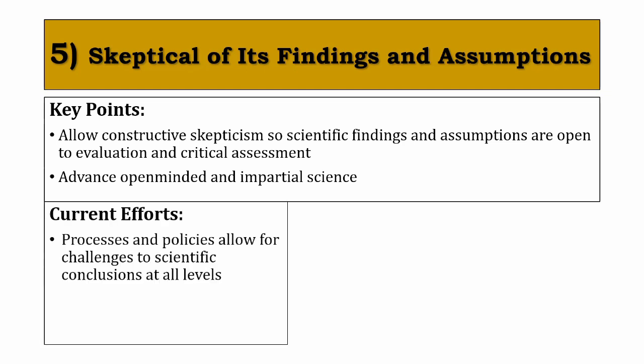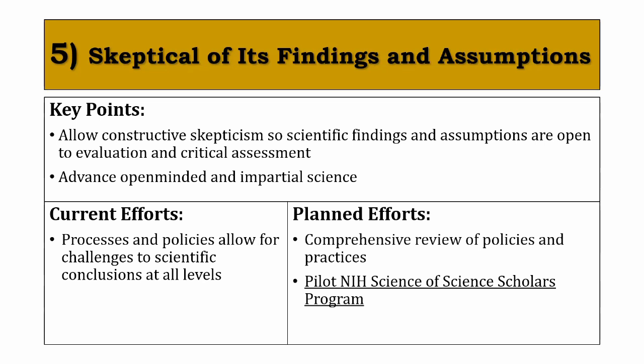So current efforts, they have processes and policies that allow for challenges to scientific conclusions at all levels, and some planned efforts. They have an interest in a comprehensive review of policies and practices to ensure academic freedom is the rule, not the exception. So going back to an earlier point here about academic freedom. And this interesting thing they have working on is this pilot NIH Science of Science Scholars Program.